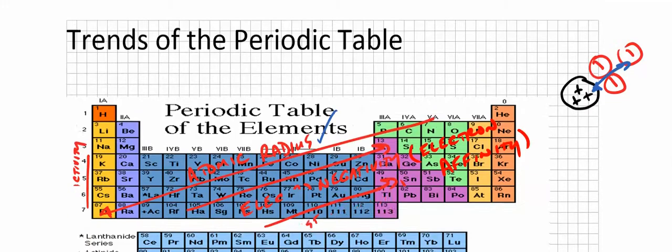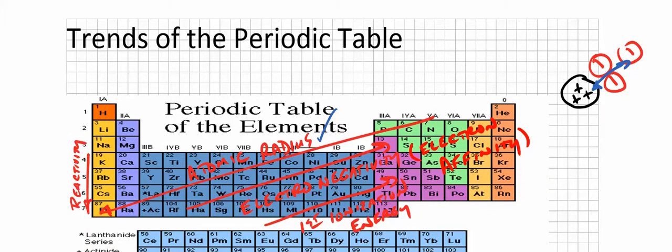As you move from lower left to upper right, electronegativity, otherwise known to us as electron affinity, increases. Exclude the noble gases from this category. They don't want another electron.